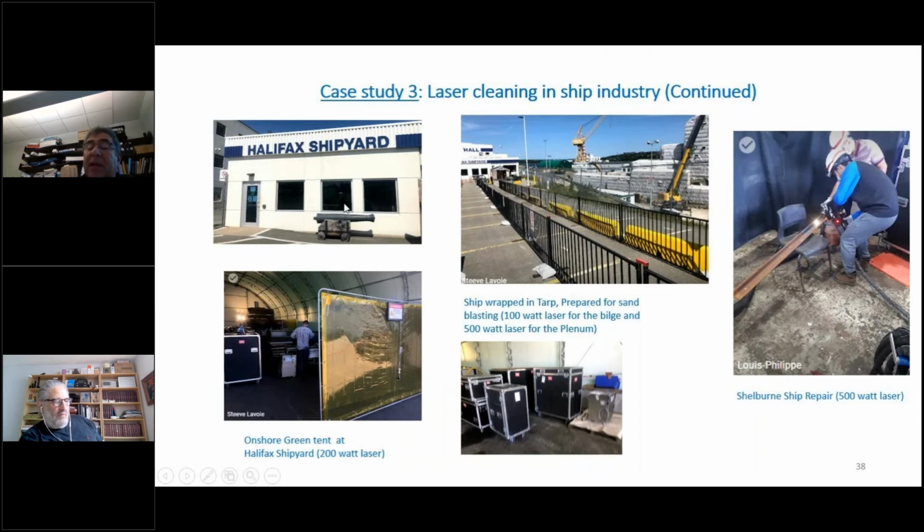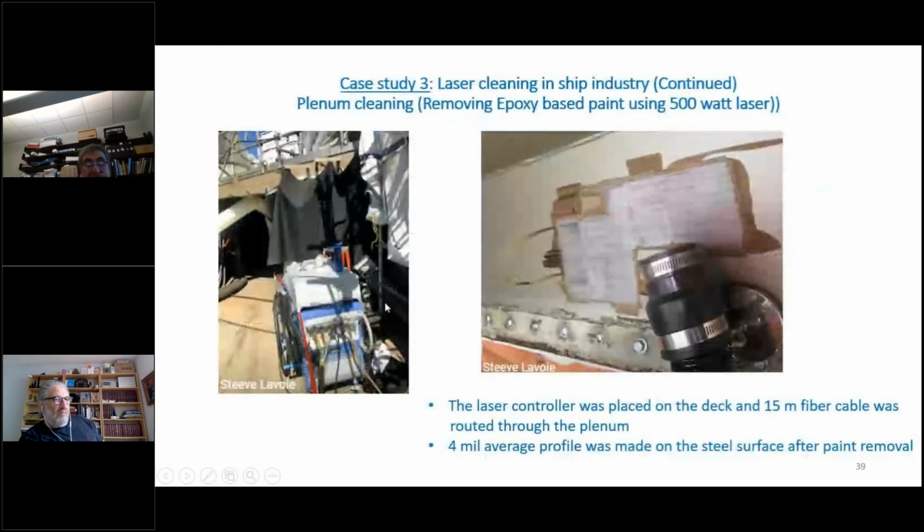Cleaning was done both offshore and onshore. Here is, for example, onshore cleaning that was done in Shelburne ship repair. This is offshore with the 500-watt laser. There was a 15-meter fiber cable that was taken inside the plenum, and some paint was removed.